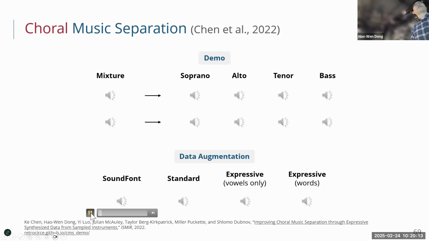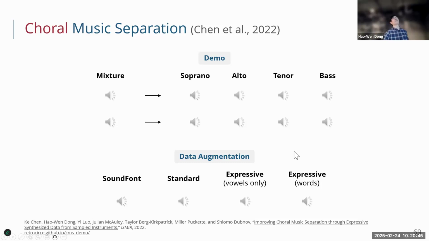It's nothing like vocals, but if you use something more expensive, a much better choral vocal VST, just on a vowel, you can synthesize much better sounds, and if you have the lyrics, it's even better. This is sort of how we did it. You can get a bunch more data.